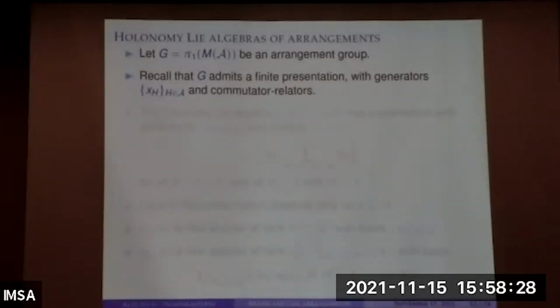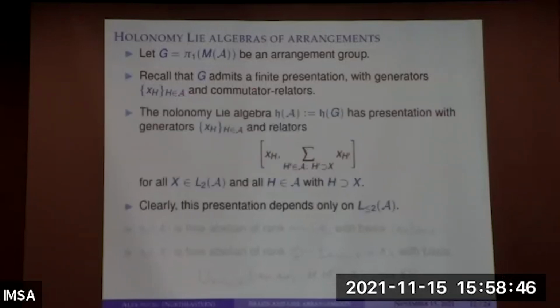Let's go back now to arrangements. So that arrangement group, remember, it has a finite presentation with commutator. So the generators are the meridians basically, and then the relators are all in the commutator subgroup.